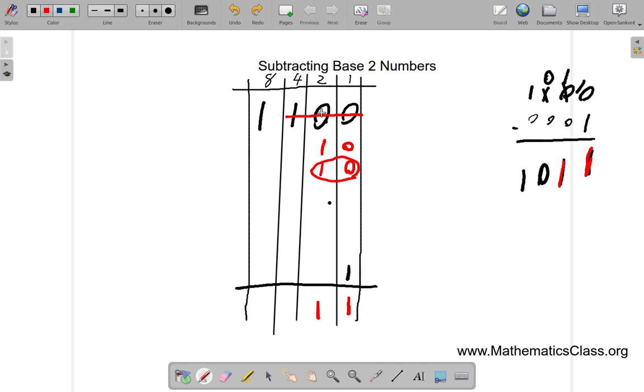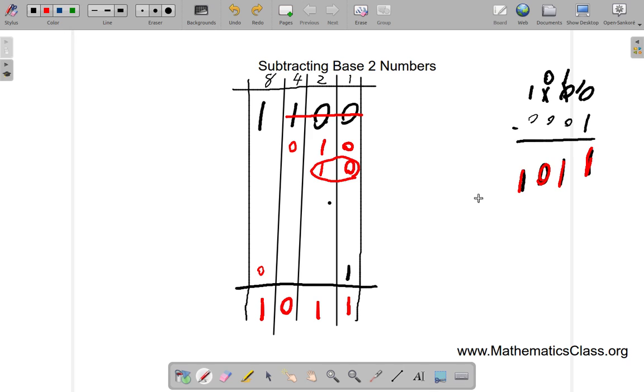Now we had split this 1 four, so there are 0 fours left here. And then this 1 eight minus 0 eights, there's no 8 here, leaves us with 1 eight.